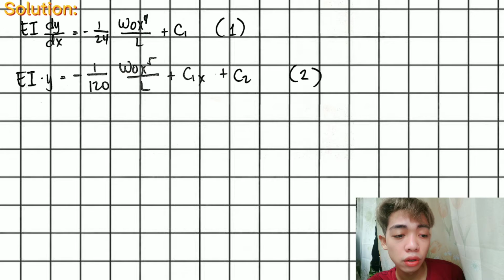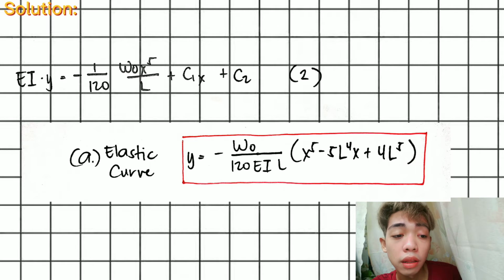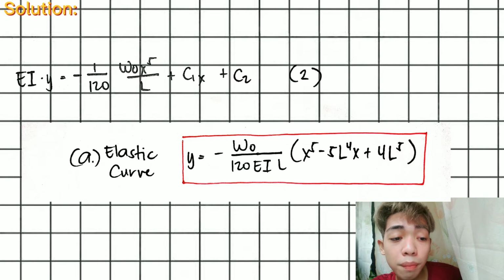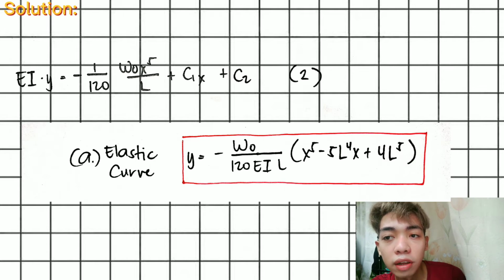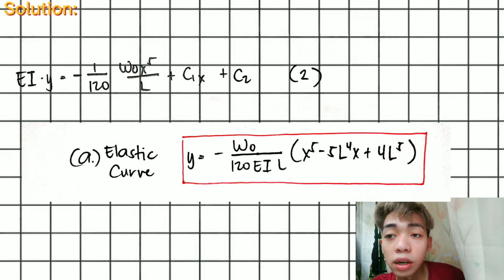For the elastic curve, we will use equation 2. So y equals negative W0 over 120 EI L times x to the 5th minus 5L to the 4th x plus 4L to the 5th power. That's the equation of the elastic curve.